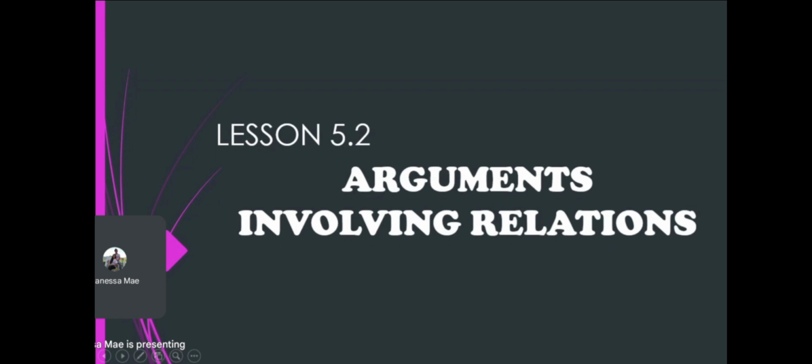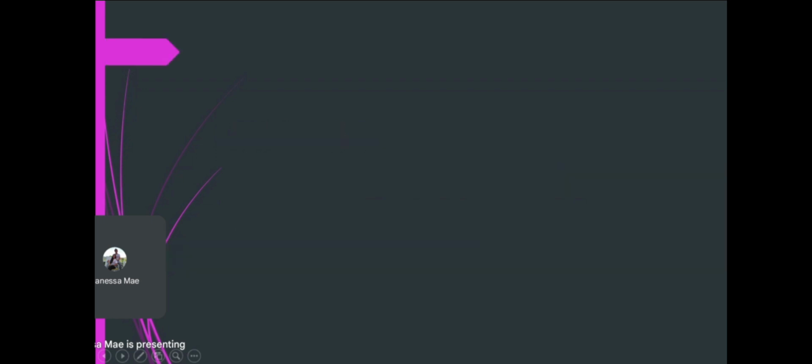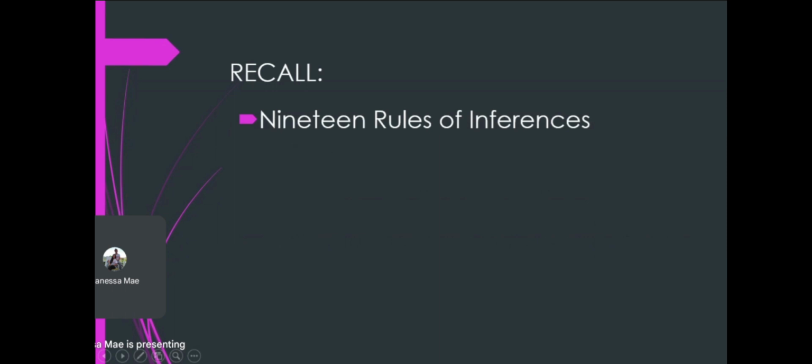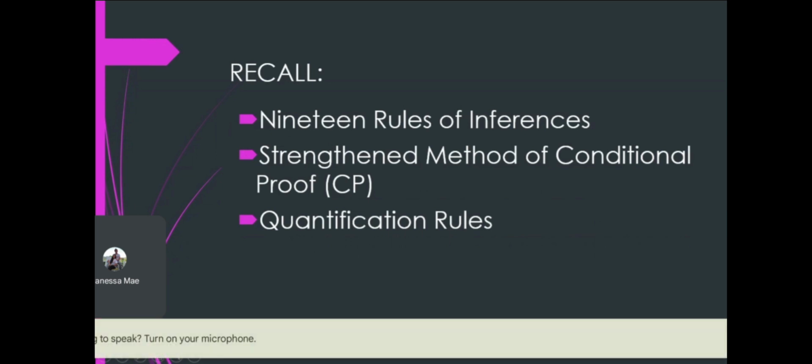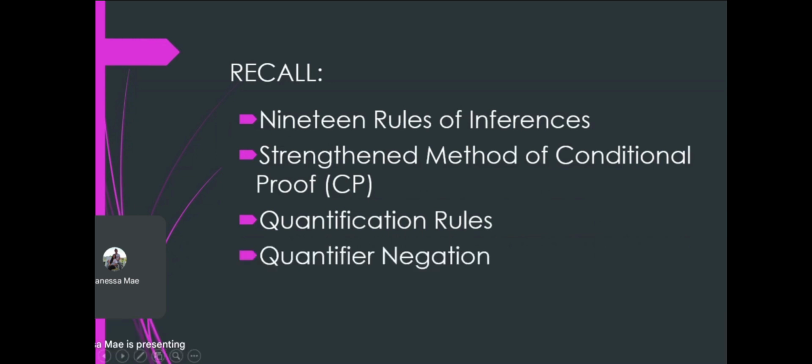In this lesson, no new principles are introduced in dealing with relational arguments. Recall all those rules that we had already discussed, which are the 19 rules of inference, the strengthened method of conditional proof, or the rule of conditional proof, RCP, the quantification rules, and quantifier negation.